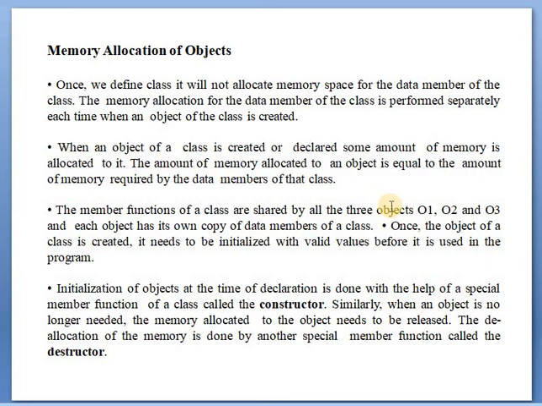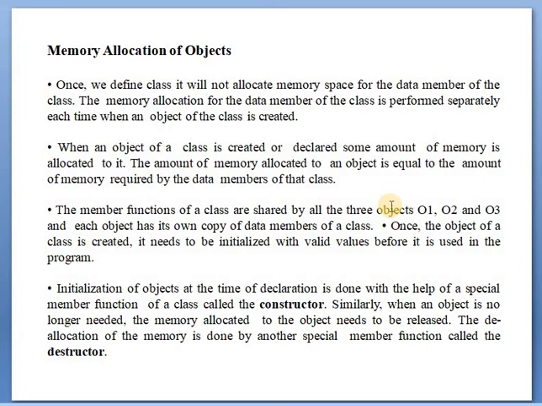Initialization of the object at the time of declaration is done with the help of a special member function called the constructor. We will see constructors in the next unit. So to initialize the object we require the constructor. When an object is no longer needed, the memory allocated to the object needs to be released.